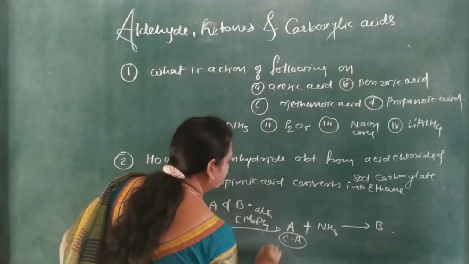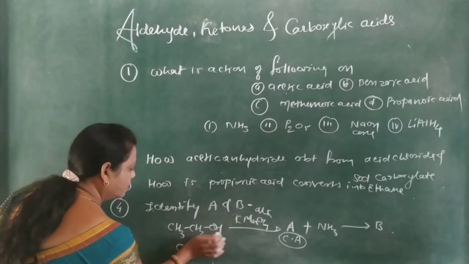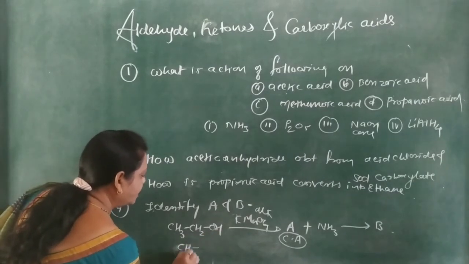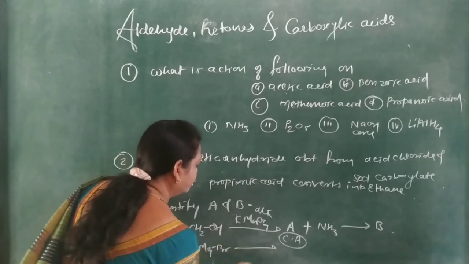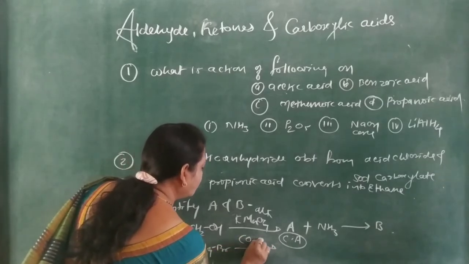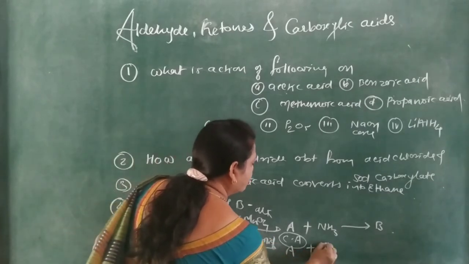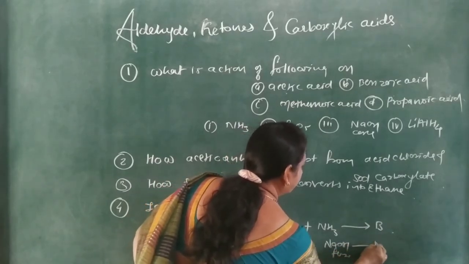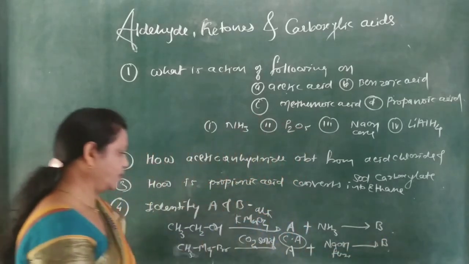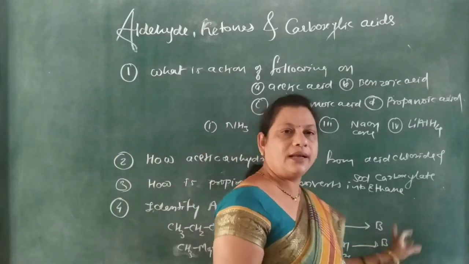Then CH3MgBr reacts with solid CO2 giving A, and A with fused NaOH gives B. Okay, here first it gives carboxylic acid and then alkane.